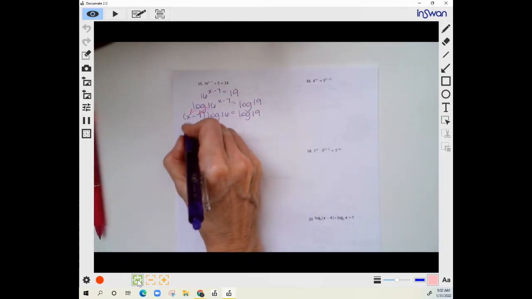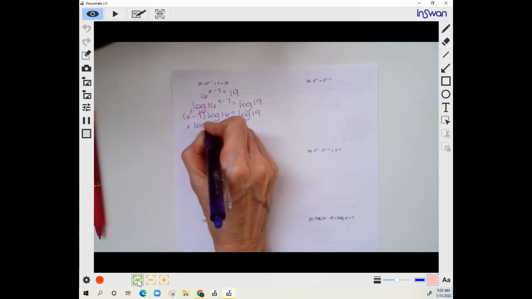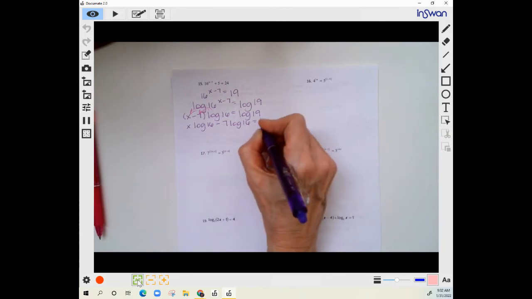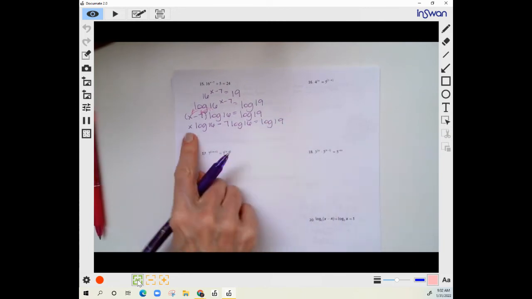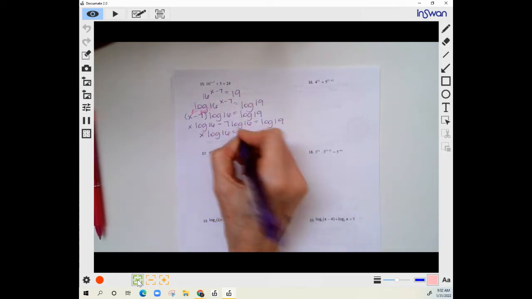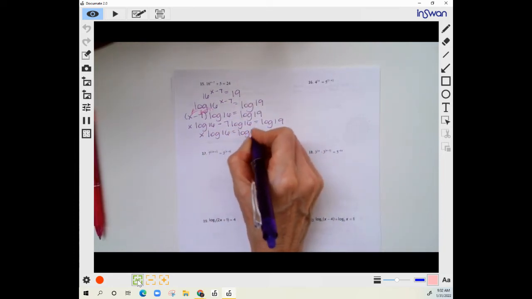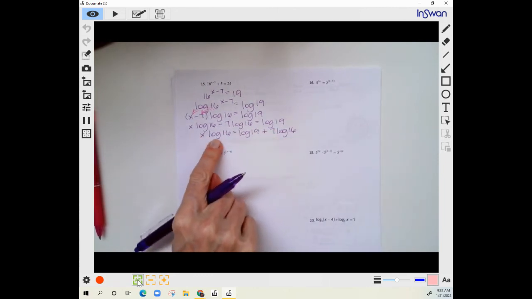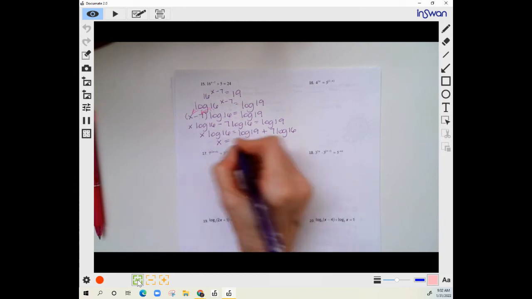So it's going to come x log 16 minus 7 log 16 equals log 19. So I'm just trying to isolate x now. So I'm going to add this to both sides. And then divide both sides by log 16.